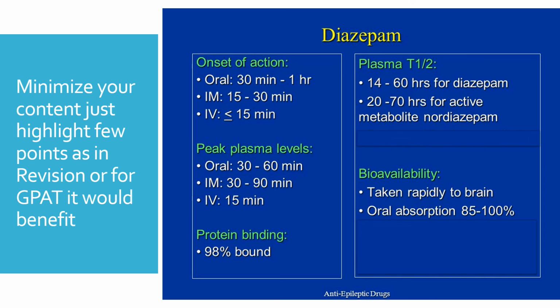In this way, see how compact, how small the data is, and how appealing it is to the eyes. Quickly you can just go through it and see for intramuscular, what is the onset of action, what is the plasma level, what is the protein binding. So it would be easier for us to remember the drugs, and many drugs and much more important data, rather than just mugging up and cramming an entire data.